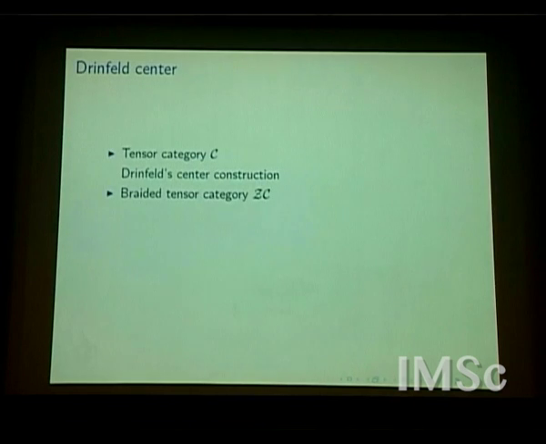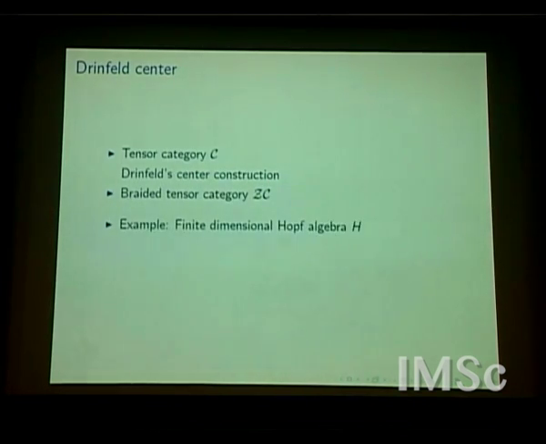If you fuse two objects, that is not the same, but it is naturally isomorphic to the opposite tensor if you flip the tensor. So given a tensor category, one can produce its center, which is another category, a braided tensor category.